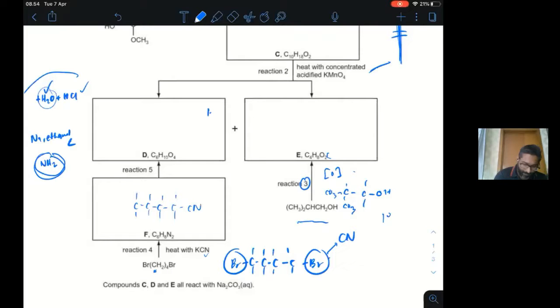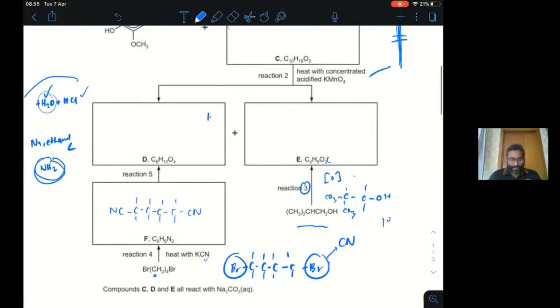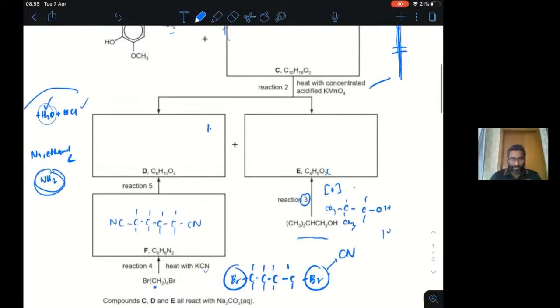I'm not going to complete the hydrogens, but you can put the hydrogens in. After that, reaction 5 changes it to carboxylic acid. So I'm going to have 4 carbons, and then a carboxylic acid here and another carbon with carboxylic acid over there. So this is going to be for this.